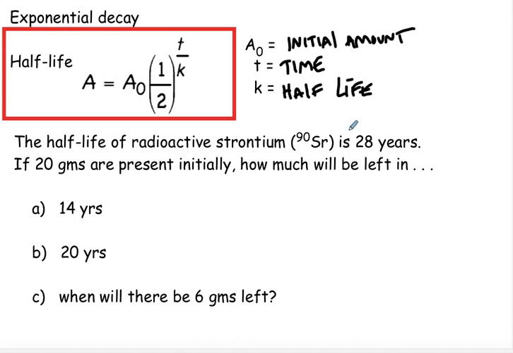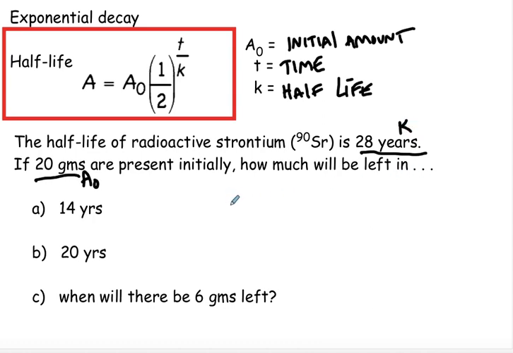So with exponential decay with half-life, the half-life of radioactive strontium is 28 years, that means it takes 28 years for half of the stuff to go away, and then another 28 years for half of that to go away. So if 20 grams are present initially, that would be our A sub 0. Again, this was the half-life, so that would be K.